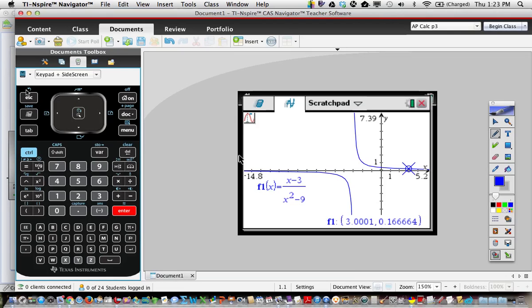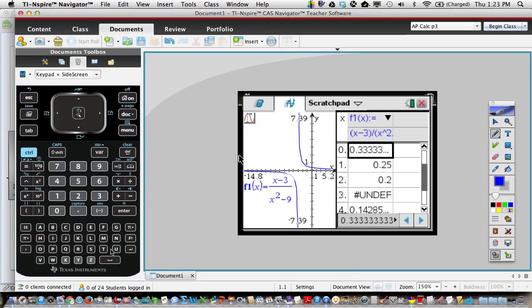Here's what I want you to do, though. Hit Control T, and that'll bring up the table. So Control T brings up the table, Control T will take away the table, all right? And then we're going to do what I did yesterday, which is set up this table. As x approaches 3, right? So we want 3 to be the beginning of our table.